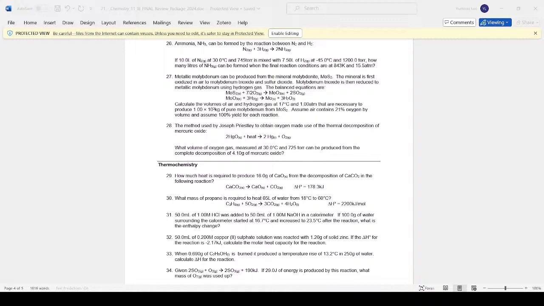Molar, what is it called? So gases take 22.7 liters per mole. Or is it 22.4?